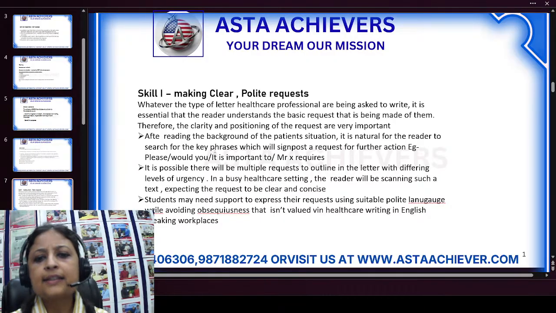So in a busy healthcare setting, the reader will be scanning such a text, expecting the request to be clear and concise.